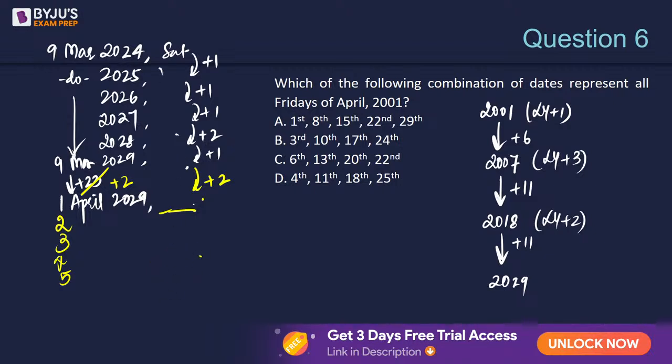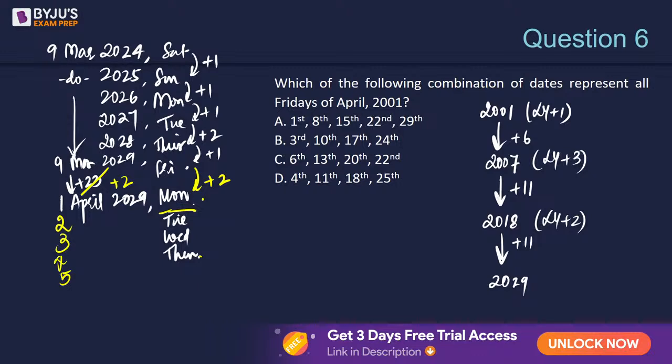So Saturday +1 is Sunday, +1 is Monday, +1 is Tuesday, +2 is Wednesday, Thursday, +1 is Friday, +2 is going to be Monday, Tuesday, Wednesday, Thursday. Hold on. Sunday, Monday, Tuesday, Wednesday, Thursday, +1 Friday.